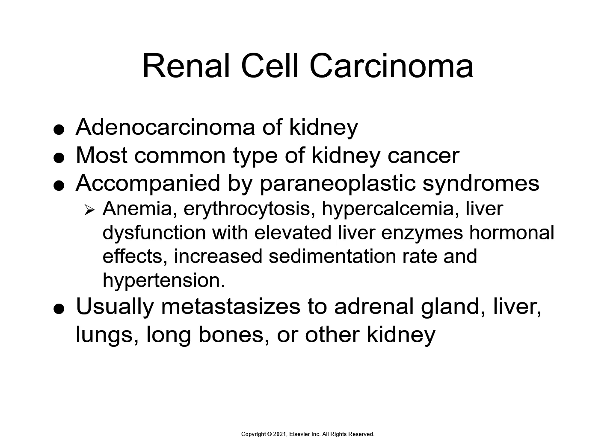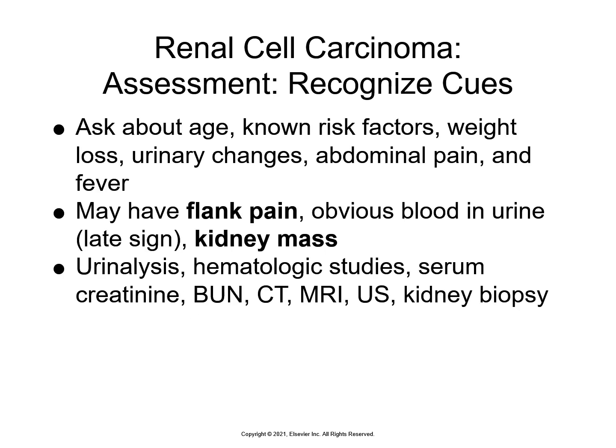It will usually metastasize to the adrenal gland, which sits right on top of the kidney, the liver, which is right over next to the kidney, the lungs, which are just right up from the kidney, long bones, or to the other kidney on the other side. Recognize cues. What do you need to know?